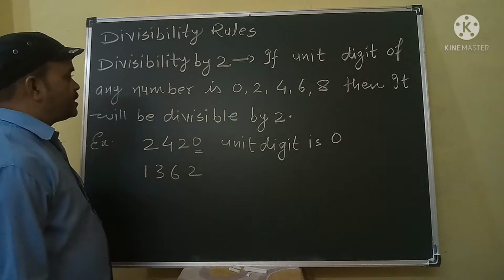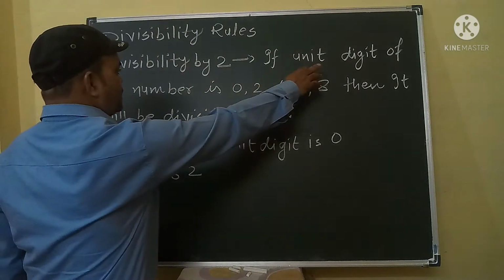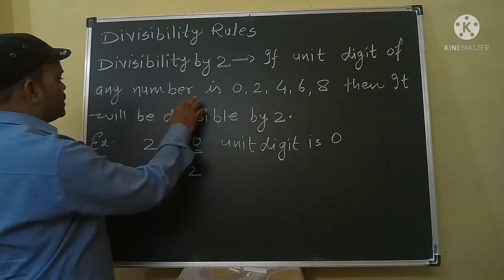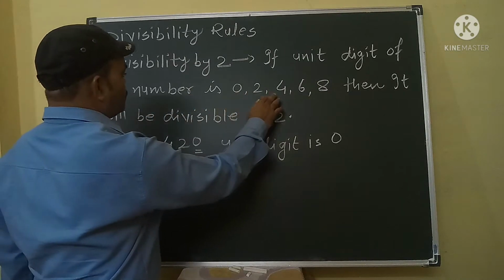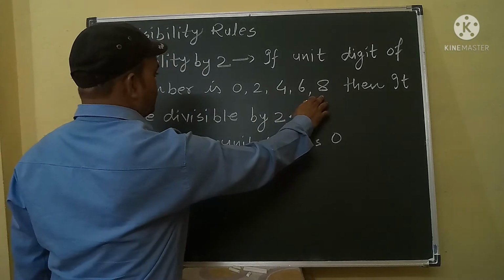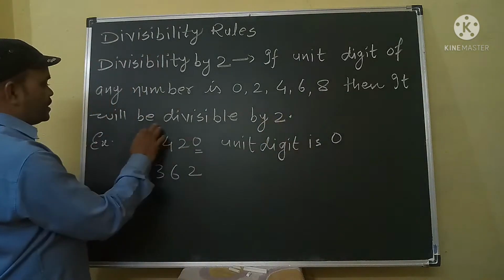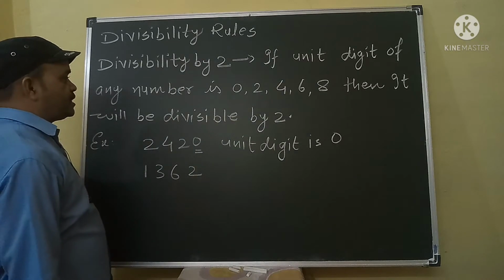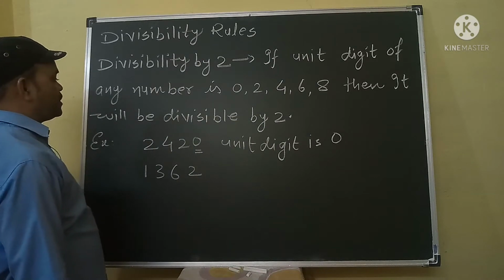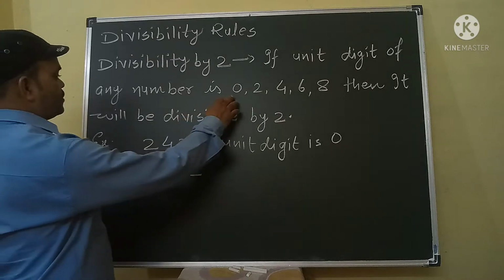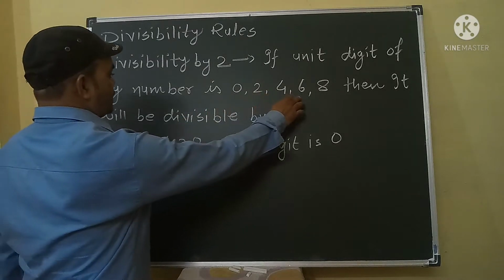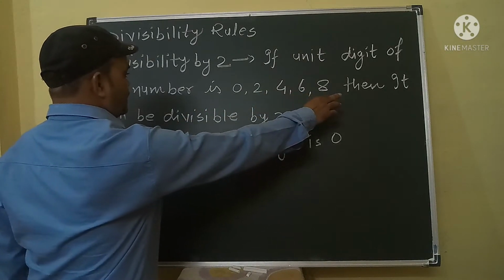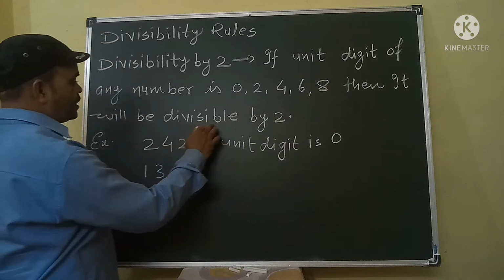So the statement is: if the unit digit of any number is 0, 2, 4, 6, 8, then it will be divisible by 2.